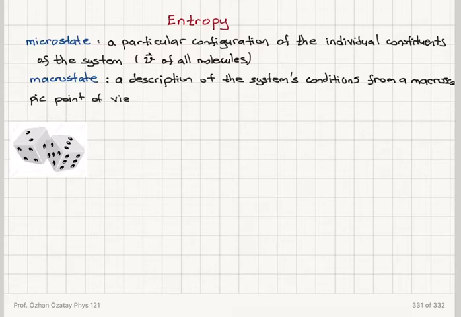And what do we mean by that? For example, if I tell you the pressure of the gas, that is a macroscopic quantity that I can measure, and it corresponds to several different microstates of the system. Now I want to give you a more concrete example.